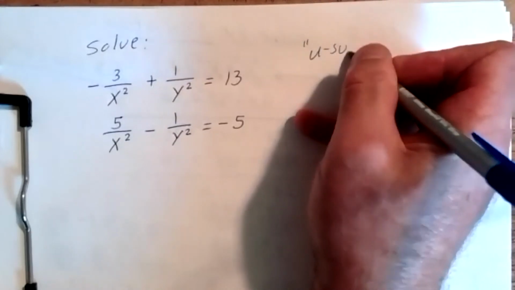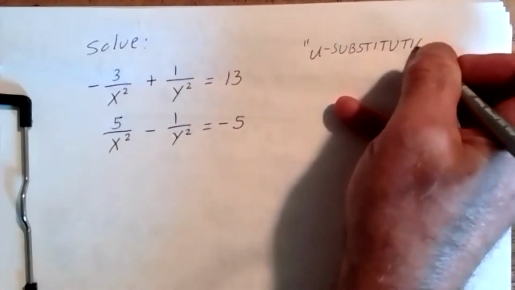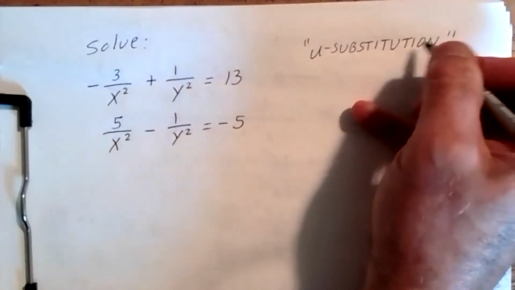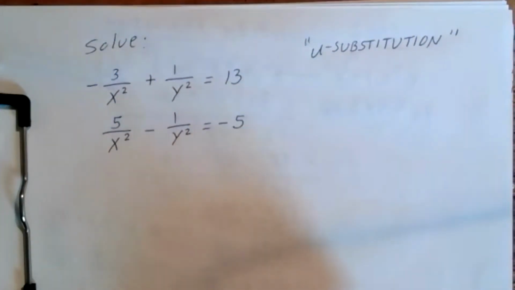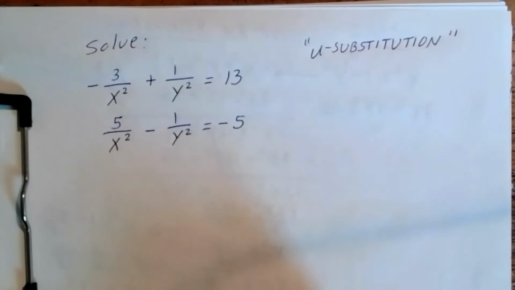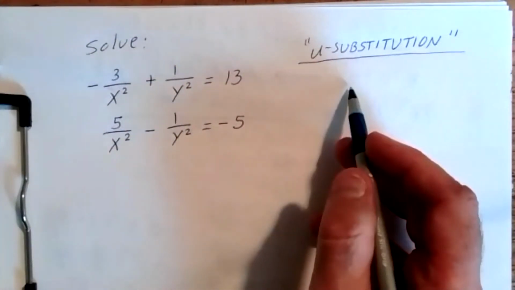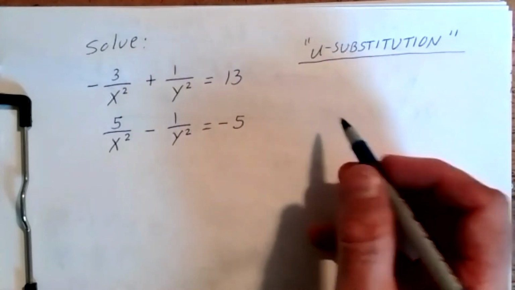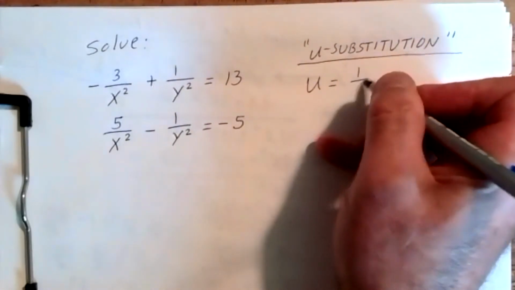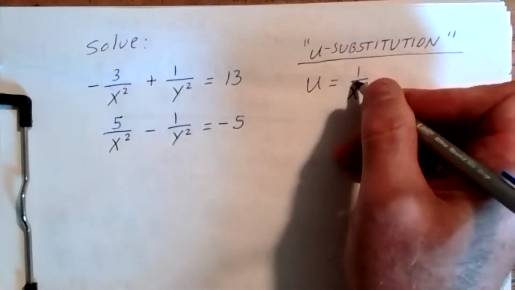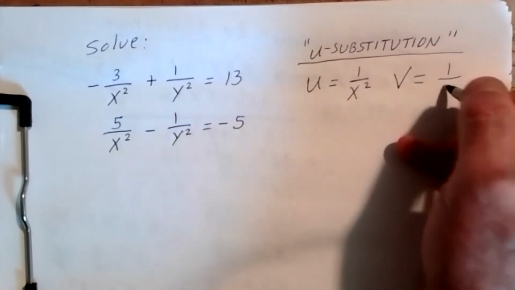I'm just going to display this method to you because some of you may remember this technique and may employ it in the future on similar situations, or this may actually help you to understand U substitutions better when you get into your calculus. A U substitution. Suppose that I decide to let the variable u be equal to 1 over x squared. And suppose that I let another variable v be equal to 1 over y squared.